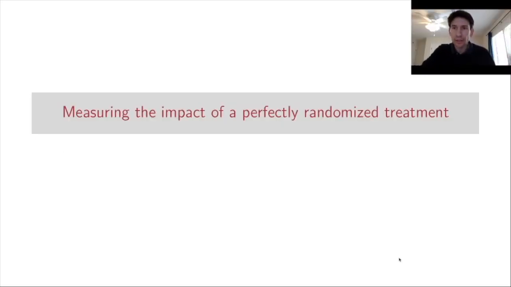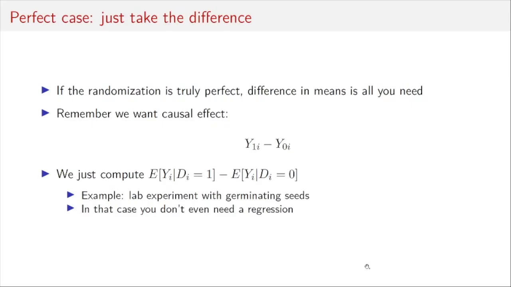Okay, so now that we've seen the theory, we're going to look a little bit at the practice of how we measure these impacts. So following what I just explained, in the perfect case where we have perfect randomization, all we need to do is take the difference in means.